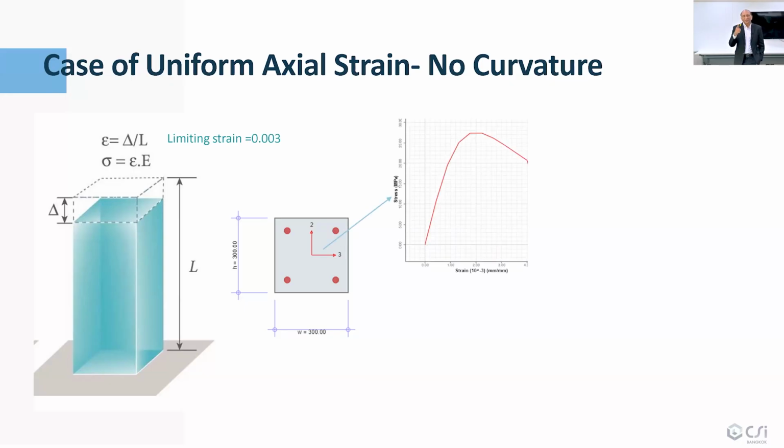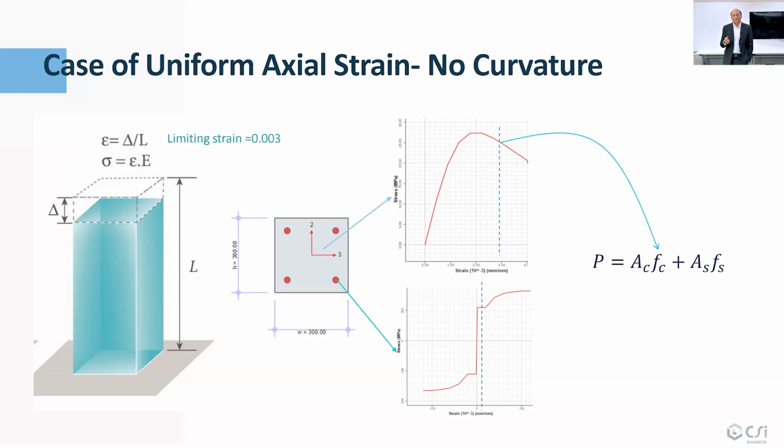Based on that, we can go to the concrete stress-strain curve and steel stress-strain curve, and we can calculate the corresponding stress for the strain of 0.003 from each of the material stress-strain curves, bring them into this equation, and then we have fc, and then we have fs, multiplied by area of steel and area of concrete, and then we have the total axial capacity or axial stress resultant.